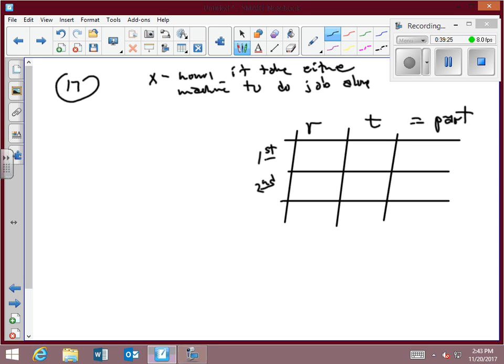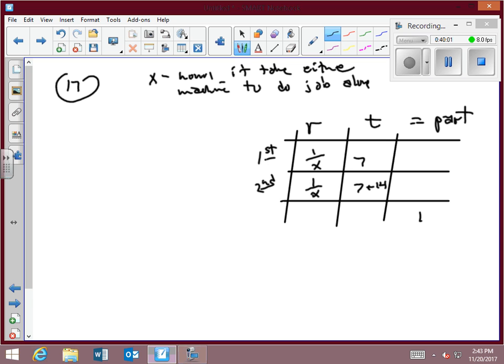X is the total amount of time it takes each of them to fill it individually by themselves, so each of the rates is 1 over X. Is that right? And it says after they work together for 7 hours, so with the 7, you put time 7 for both of them. Both of them will work 7 hours, right? The second machine requires 14 more when the first machine breaks down. And have they finished the job?